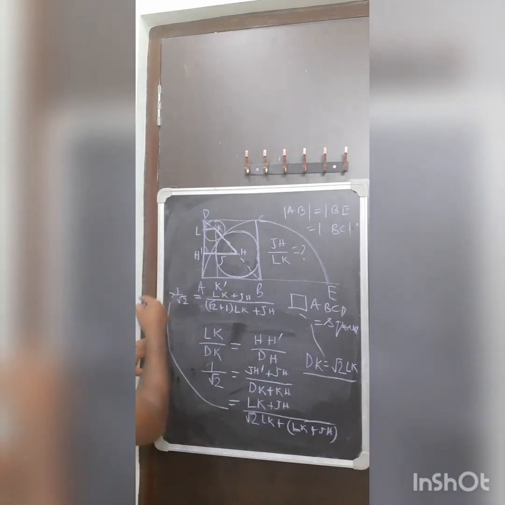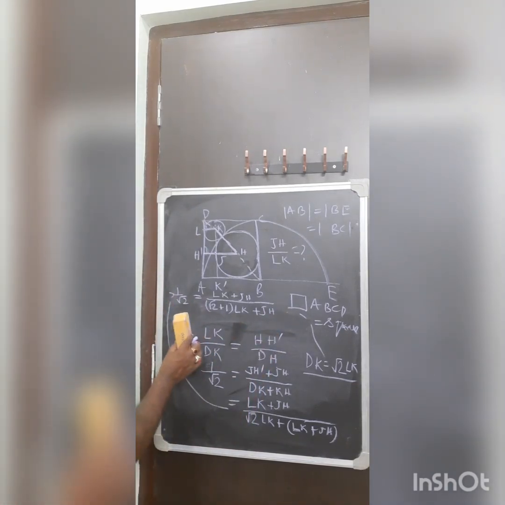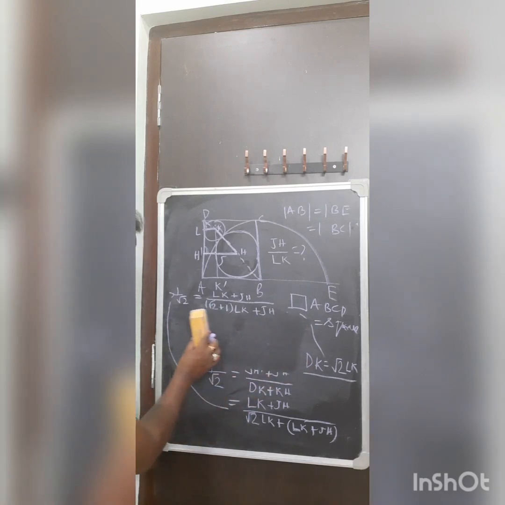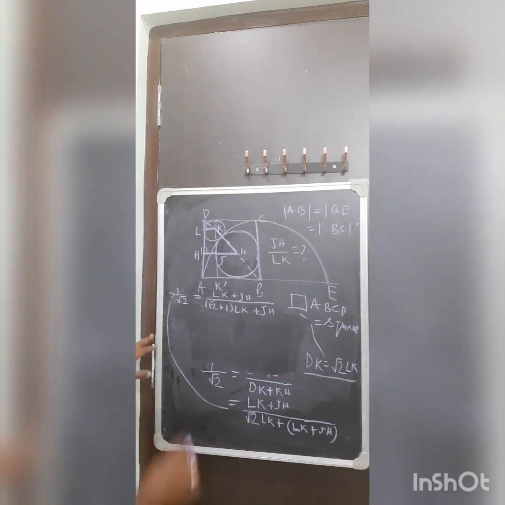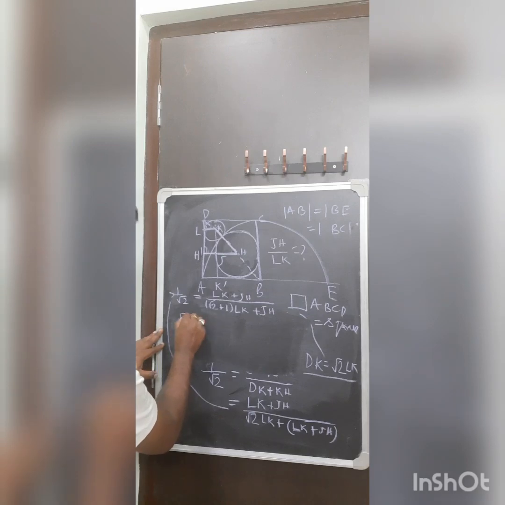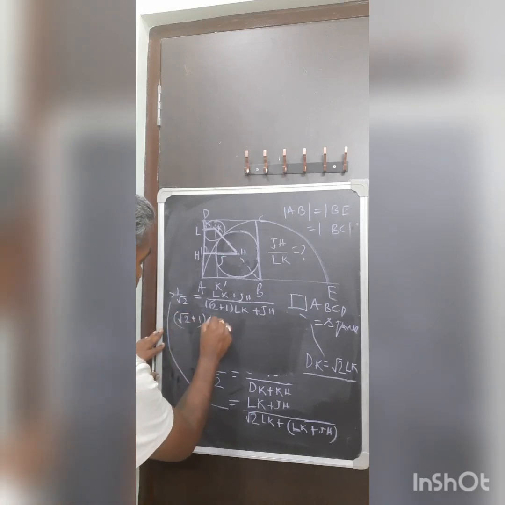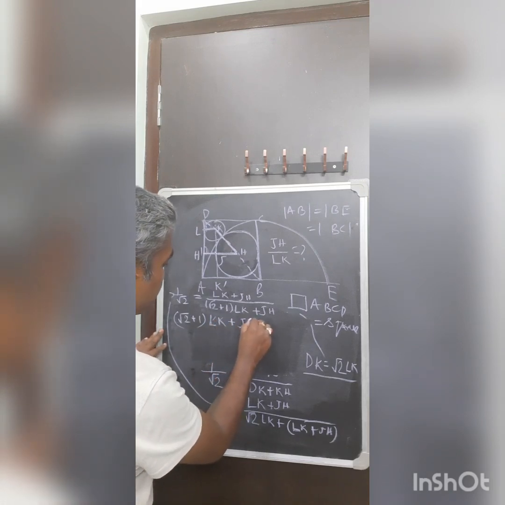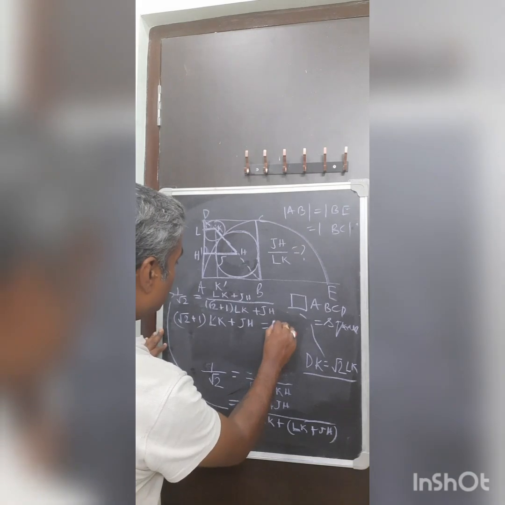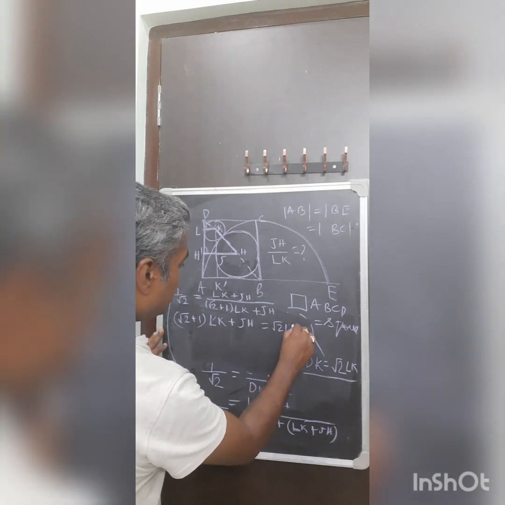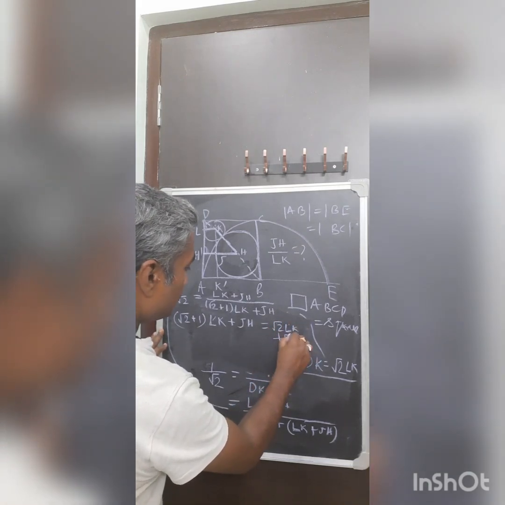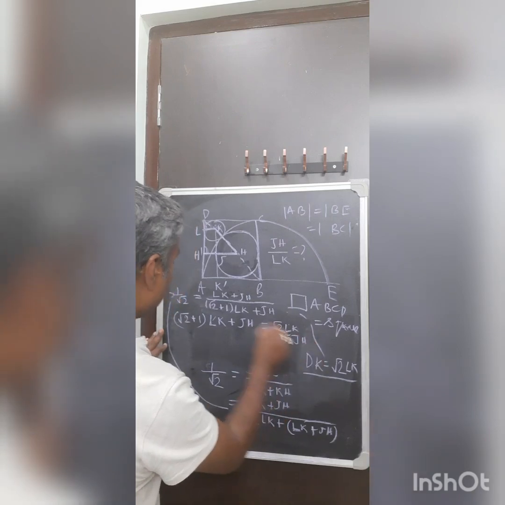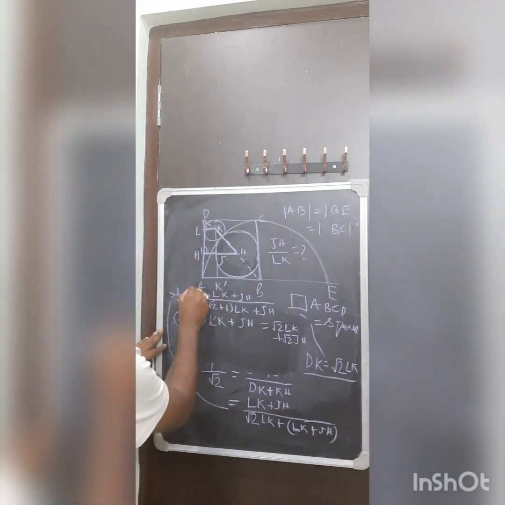So if I cross multiply, it becomes root 2 plus 1 whole LK plus JH, one side, equal to root 2 LK plus root 2 JH. I am multiplying this.